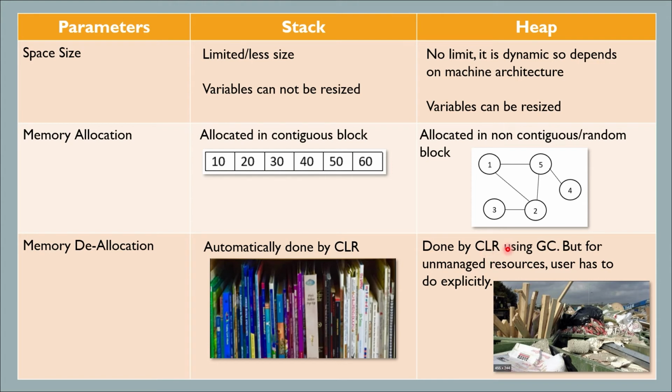We will have a separate video on this, as it also has a very important role in C#.NET. It is done by CLR using GC. GC is nothing but garbage collection, which collects the unused memory. This is also one concept. We will have a few videos on it in the coming days.